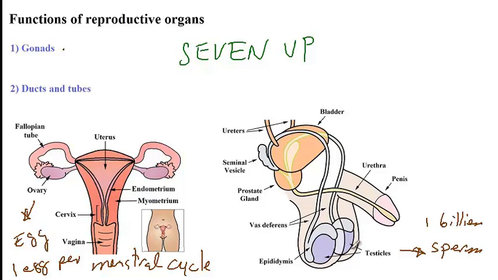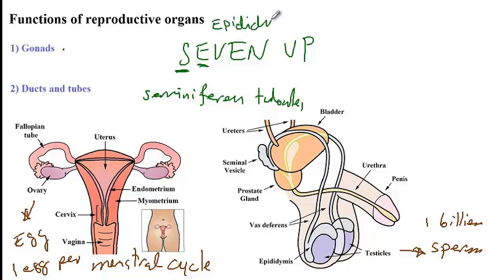From where does the sperm move? The S stands for seminiferous tubules, which is the structure inside which the sperm were formed. Then we have the epididymis, which is the structure inside which the sperm is being stored.